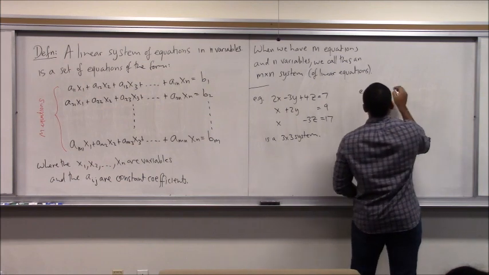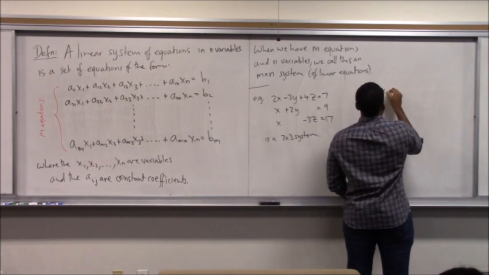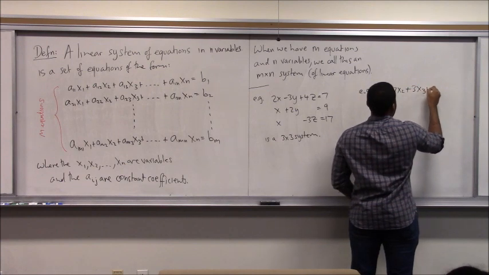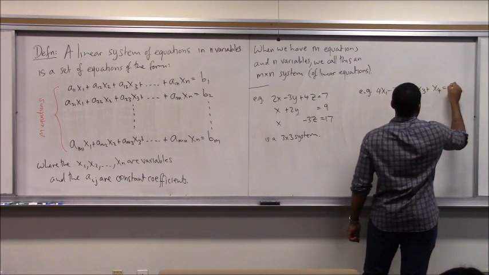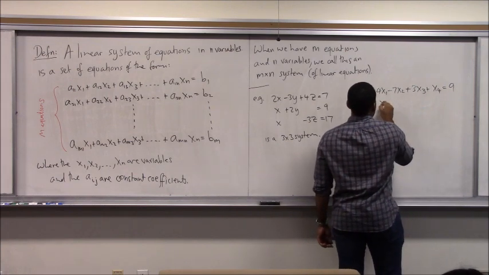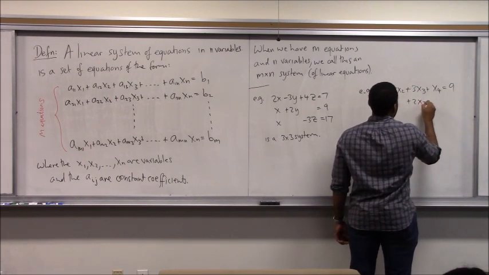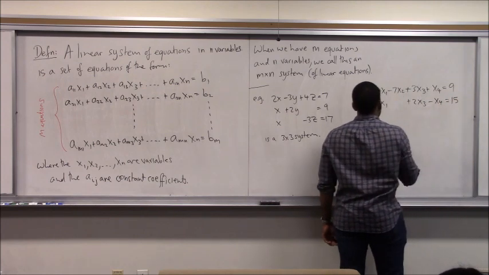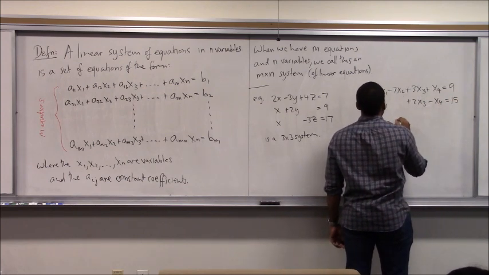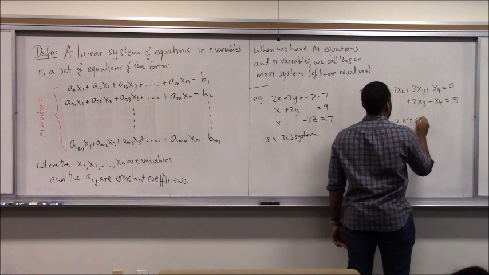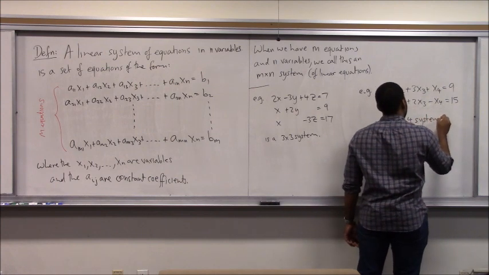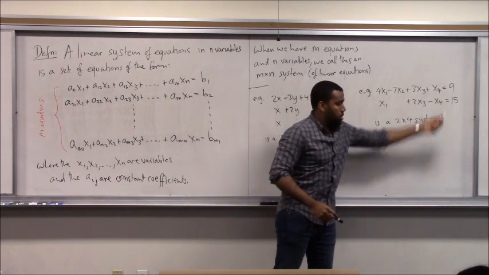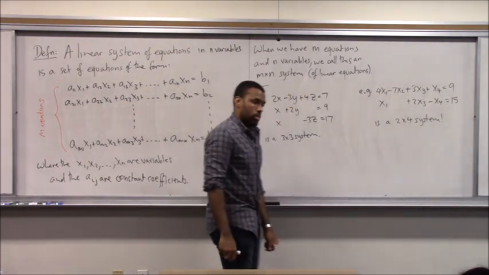I can also do something like 4x1 minus 7x2 plus 3x3 plus x4 equals 9. And x1 plus 2x3 minus x4 equals 15 is a 2 by 4 system. Notice here, I have 4 variables, and I have 2 equations.